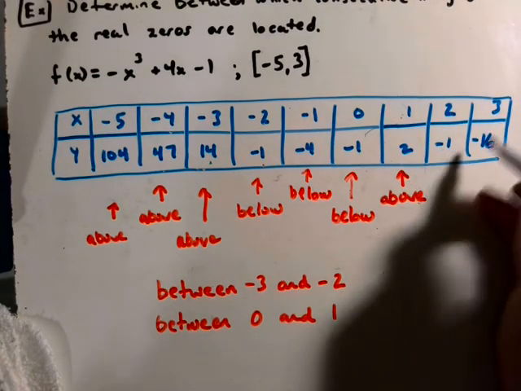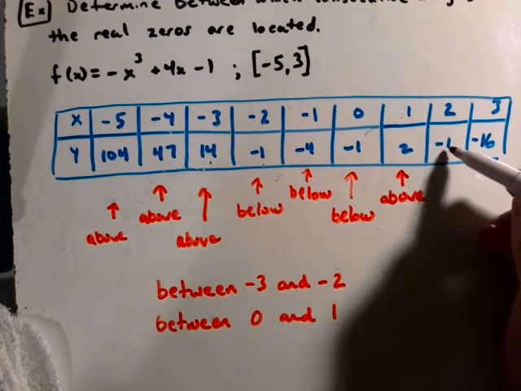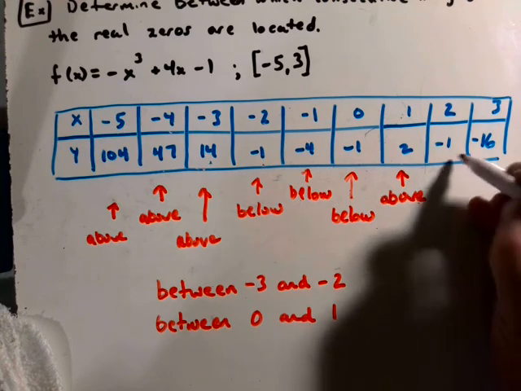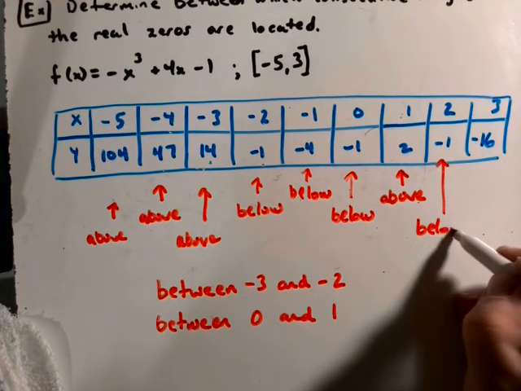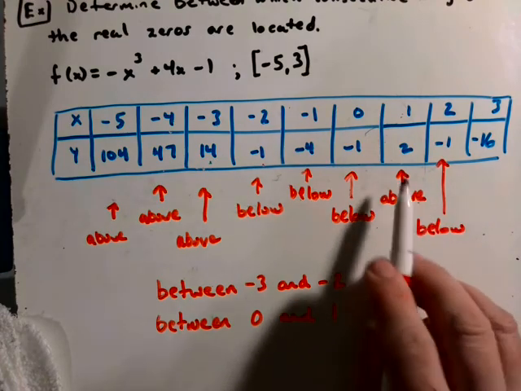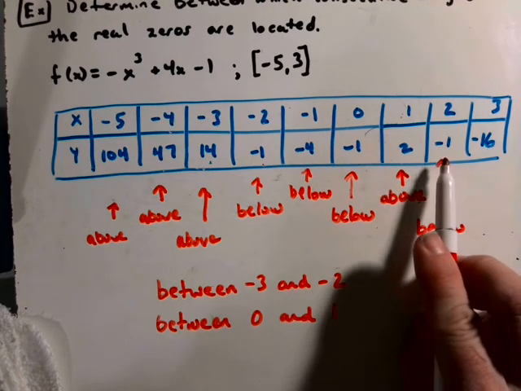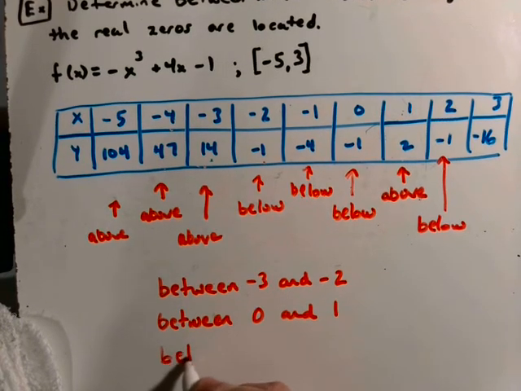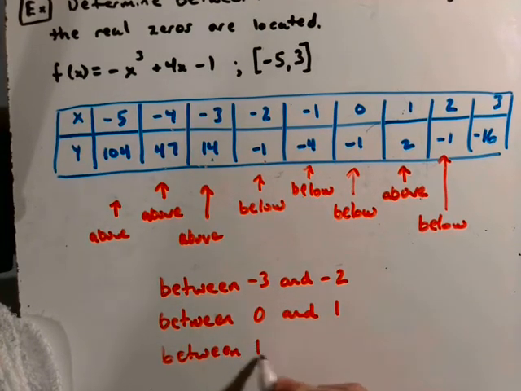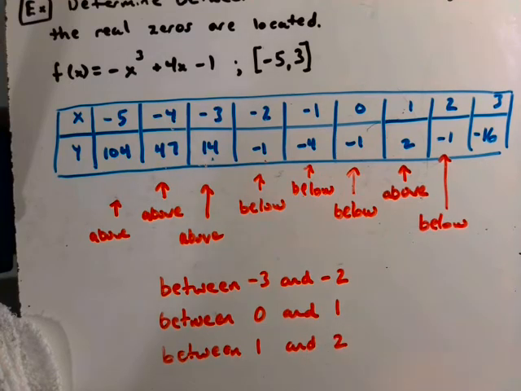The y-coordinate at this next point is (2, -1). The y-coordinate's negative, so that's going to be below. This point is above, this one is below, so between 1 and 2, there would be another x-intercept.